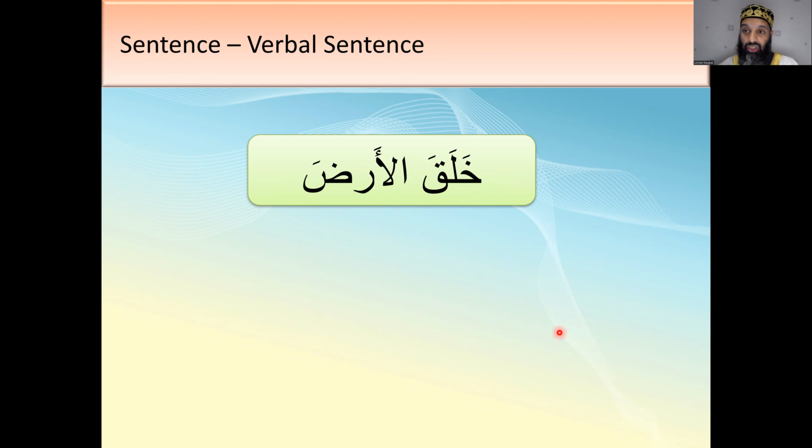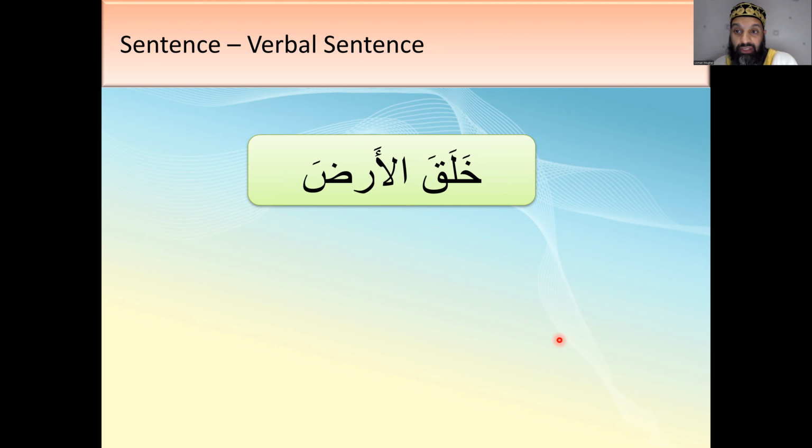So in that case, obviously we know it's Allah subhanahu wa ta'ala because only Allah subhanahu wa ta'ala created the earth. But another sentence outside of the Quran, for example, Sami'a, I'm just giving another example, Sami'a Sayyara, for example, right? He heard a car, right?